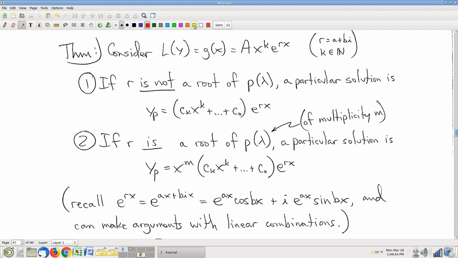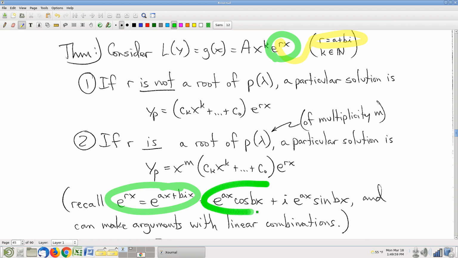Okay, here's a little subtle trick that I've pulled here. This r is a complex number. That's an a plus bi. And don't forget that e to the power of rx can be rewritten as linear combinations of exponential times cosine and exponential times sine. So the function being considered here as a right-hand side is a linear combination of the kinds of functions that were being considered in section 4.3.